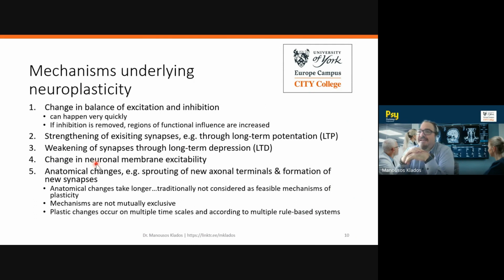So here are the main mechanisms underlying neuroplasticity. The first one is the change in the balance of excitation and inhibition, which happens very, very quickly. And if inhibition is removed, the regions of functional influence could be increased. Then the second and third is what we know from behavioral practice, where we can strengthen existing synapses through long-term potentiation.